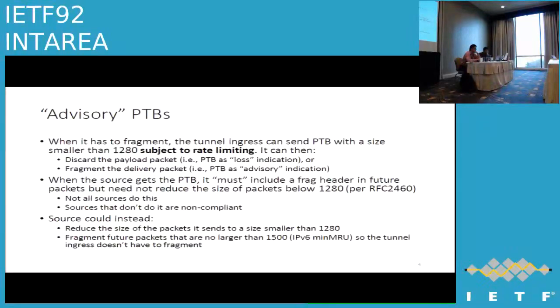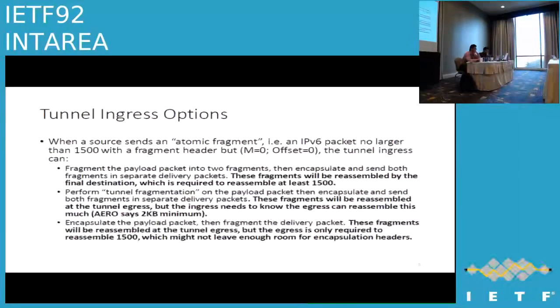Next chart. The tunnel ingress options: when a source sends an atomic fragment, an IPv6 packet no larger than 1500 with a fragment header but with more fragments set to 0 and offset set to 0, the tunnel ingress can either fragment the payload packet into 2 packets, then encapsulate and send both, and they'll be reassembled by the final destination, which is required to reassemble 1500.